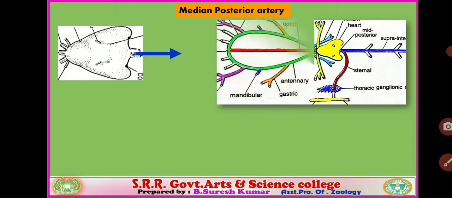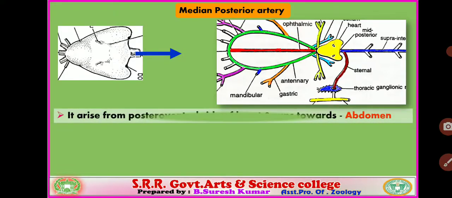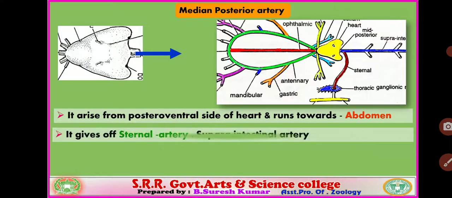So it is present on the posterior side of the heart, and runs along the mid-dorsal line towards the posterior end. So you have to locate this artery in this diagram, median posterior artery. And next, the median posterior artery runs towards the abdomen, and it gives off mainly sternal artery and supraintestinal artery.